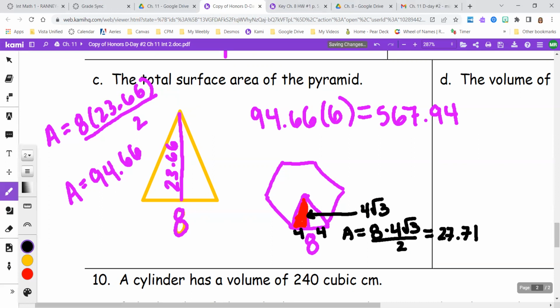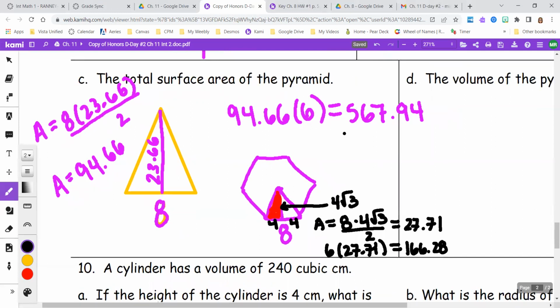And I have 6 of these triangles making up this hexagon. So I'm going to go 6 times 27.71. And when I do that, I end up getting 166.28. So that is going to be the area of the hexagon.